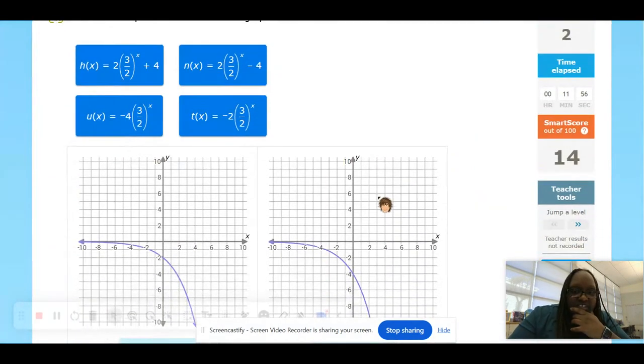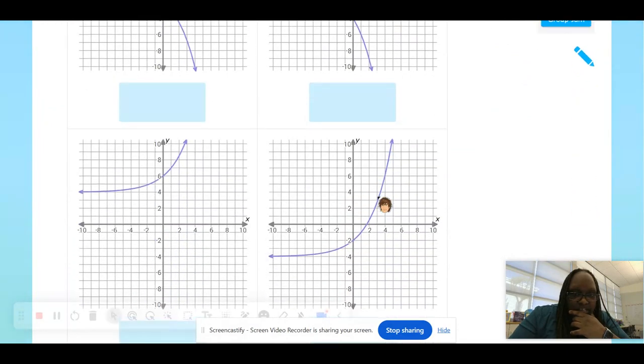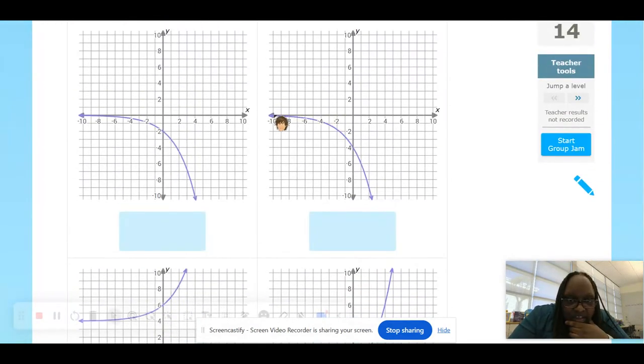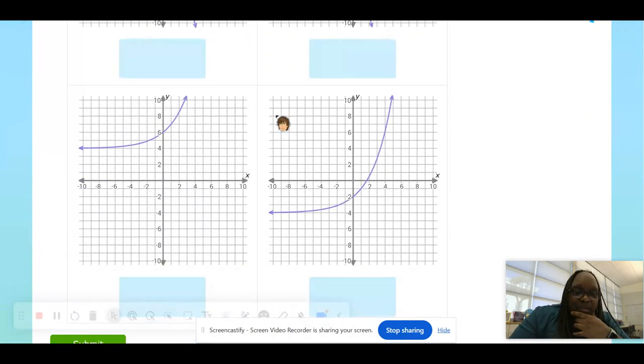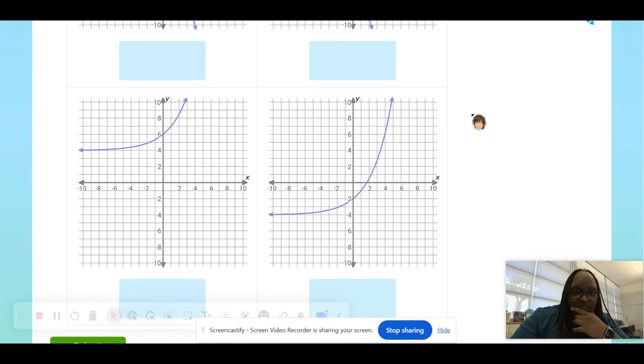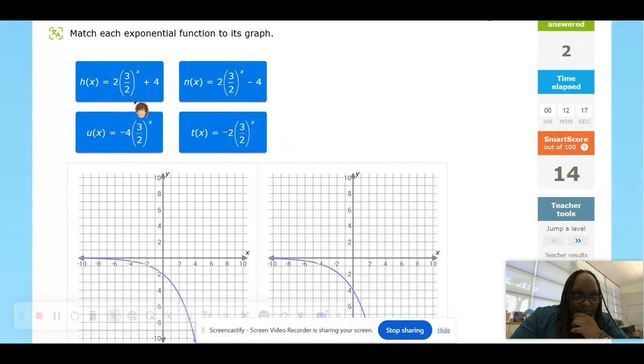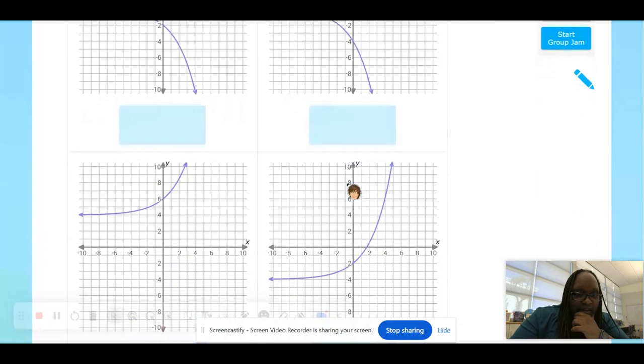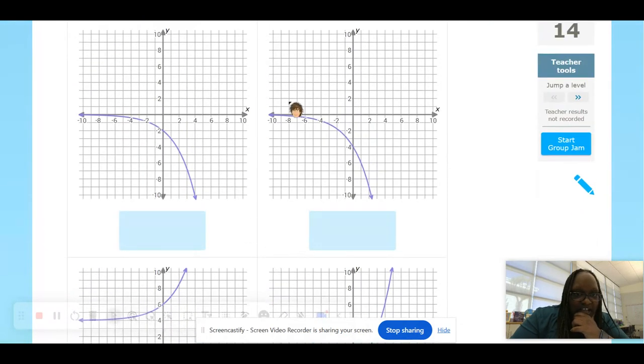So it changes the asymptote. So notice how when these graphs are going this way, it looks like it almost hits 0, but not quite. That's your asymptote. But down here, it's not quite hitting 0. This one's not quite hitting 4. This one's not quite hitting -4. Your asymptote is different. So these +4, -4s are automatically going to go down here because the asymptote is not at 0.